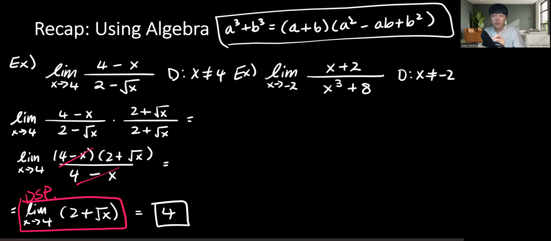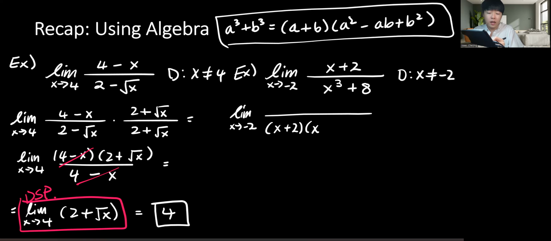So for this case, let's factor this out. The limit as x goes to negative 2, and we factor using the rule: x plus 2 times (x squared minus 2x plus 4), and the numerator will still be x plus 2.